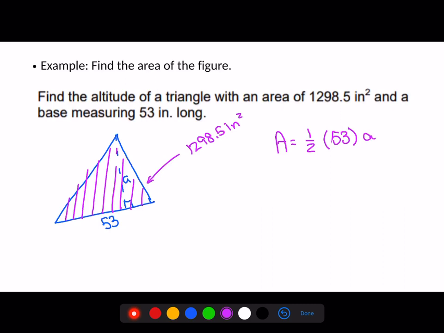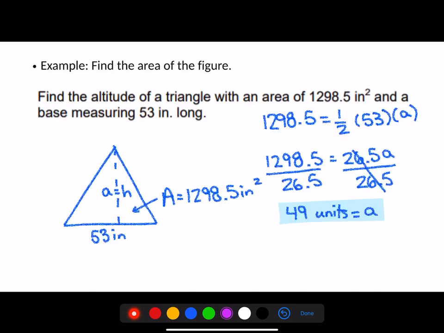You can go ahead and plug in 1,298.5 in for capital A, area. So we have 1,298.5 equals 1/2 of 53A. From here, if we solve it, 1/2 of 53 is 26.5. So I have 26.5 times A equals 1,298.5. If I want to get A isolated, I divide both sides by 26.5.